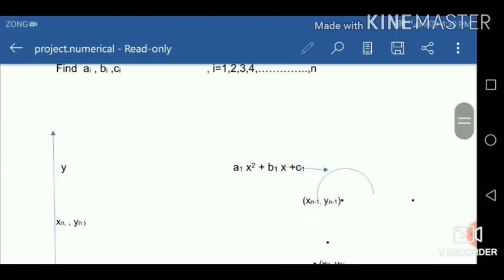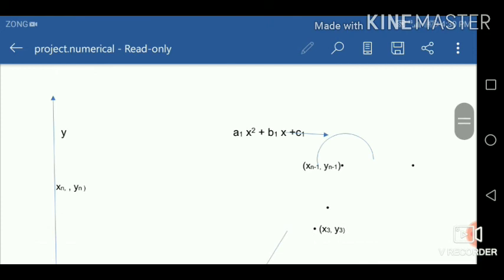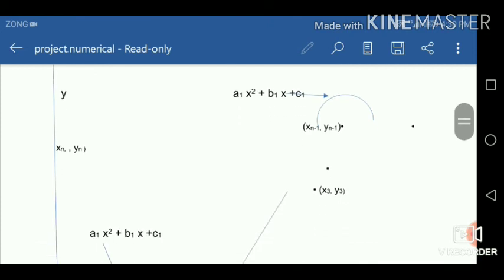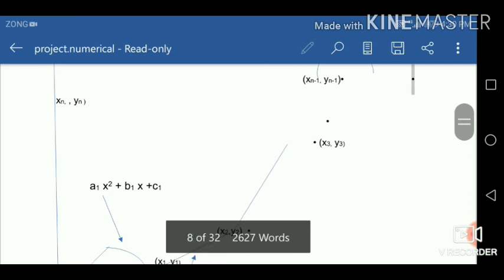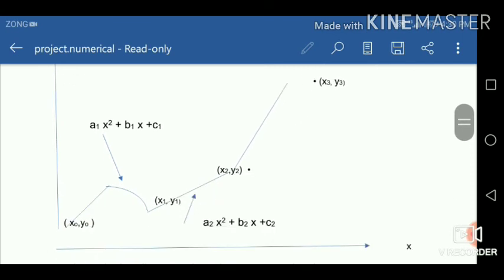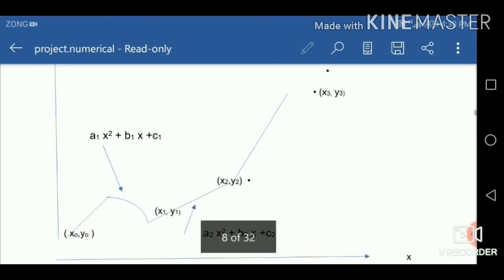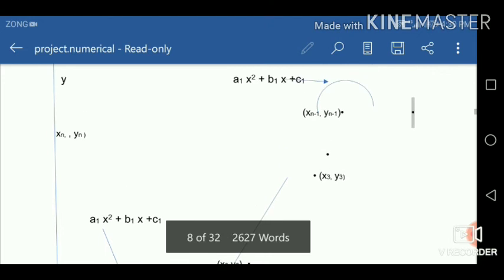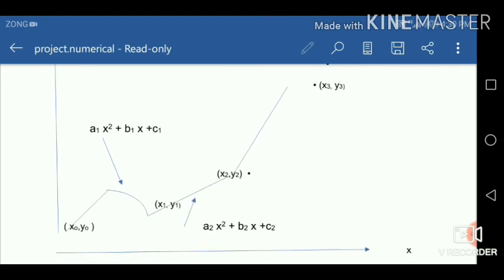Now there is a graph of the quadratic spline. Here are some data points x0, y0, x1, y1, x2, y2 and up to xn, yn, where the curvy line shows the splines.